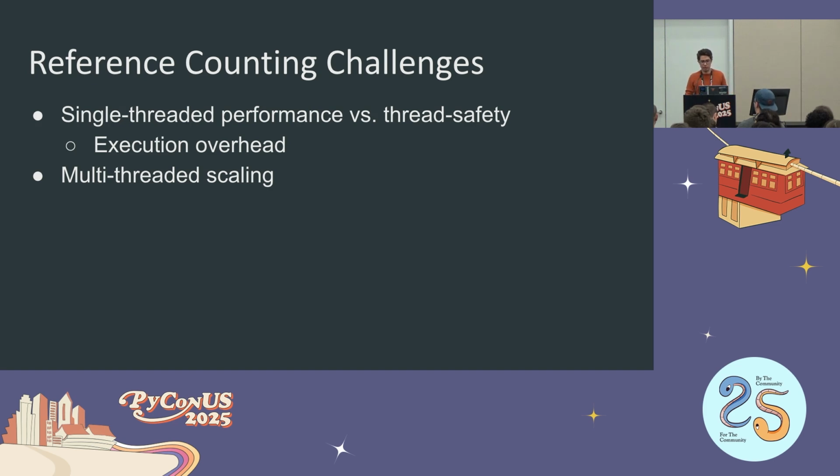The second issue is that reference counting can introduce scaling bottlenecks that wouldn't otherwise exist. When two threads access the same object, even if they don't modify that object, they still need to increment the reference count of the object for the duration of the access.